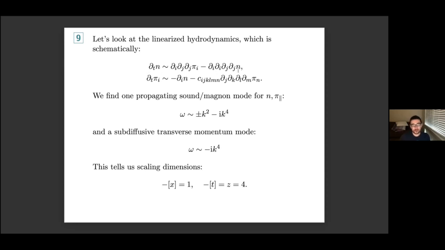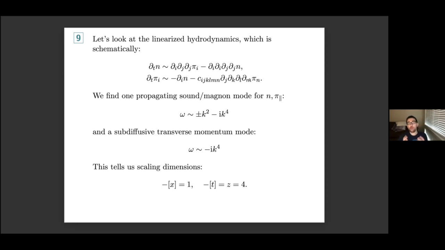If you look at the density equation, this Jij current basically contains a term like grad pi, and then two derivatives acting on density. That's my first line in the equation. In the second line, I still have a gradient of pressure, whereas it turns out that now viscosity gives me a fourth order in derivatives contribution. So I have four derivatives acting on pi, and that's my dissipative term for momentum.